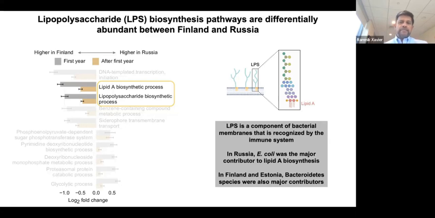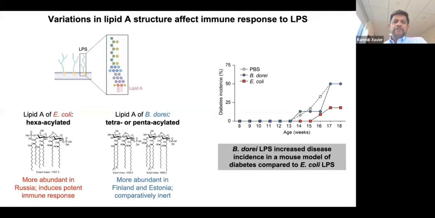Now that LPS, when we looked at the structure, had key differences. Normally, the LPS made by E. coli has a 6 acyl chain LPS, so 6 extensions, whereas the LPS made in Finland had 4 and 5 acyl chain LPSs. And what we were then able to show is that if you fed mice who had risk for type 1 diabetes, their acceleration of disease depended on the type of LPS they were exposed to.